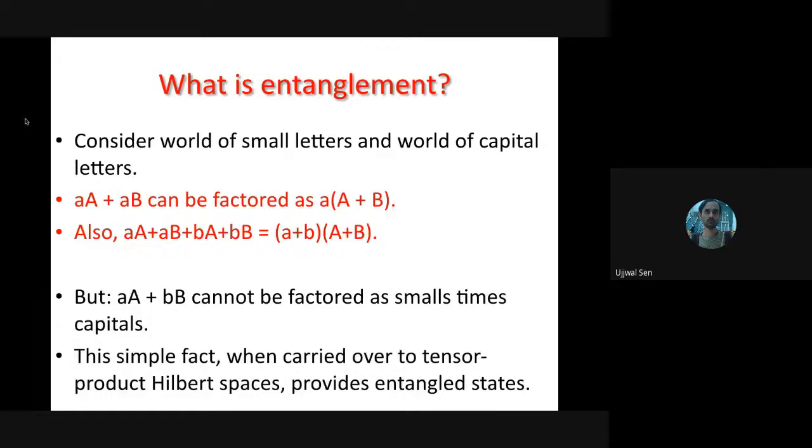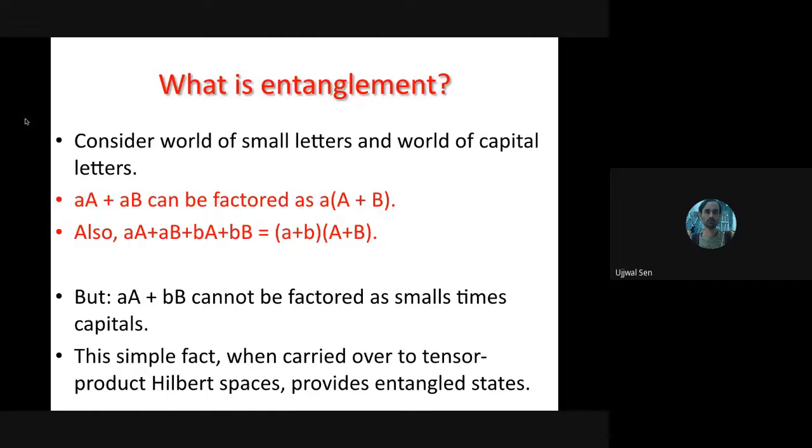We have all seen such expressions in school, and this is a very simple fact. The point that I want to make here is that this simple fact, when carried over to something called tensor product Hilbert spaces, provides the opportunity of having entangled states.